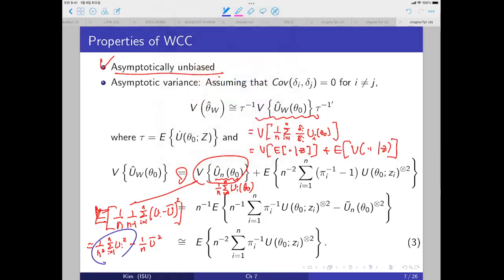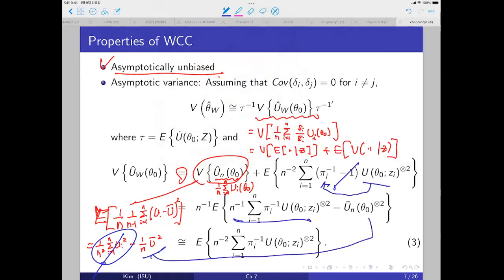So this guy cancels with this. The second term here cancels with the first term, and then what is left is the first term here, minus this term here.